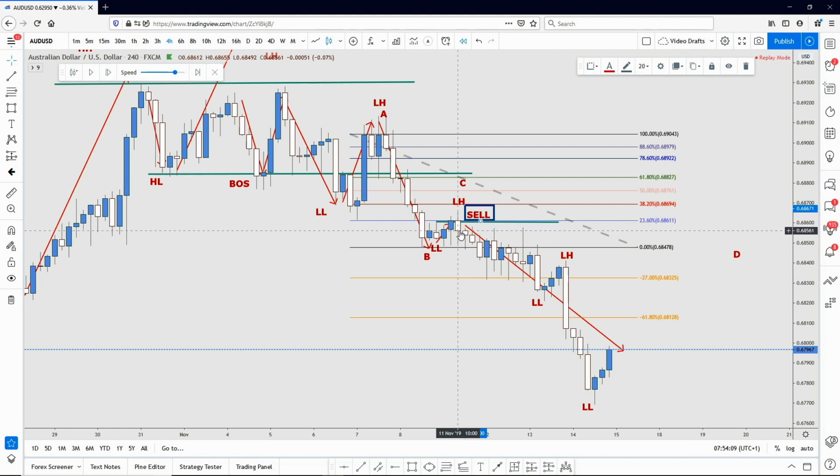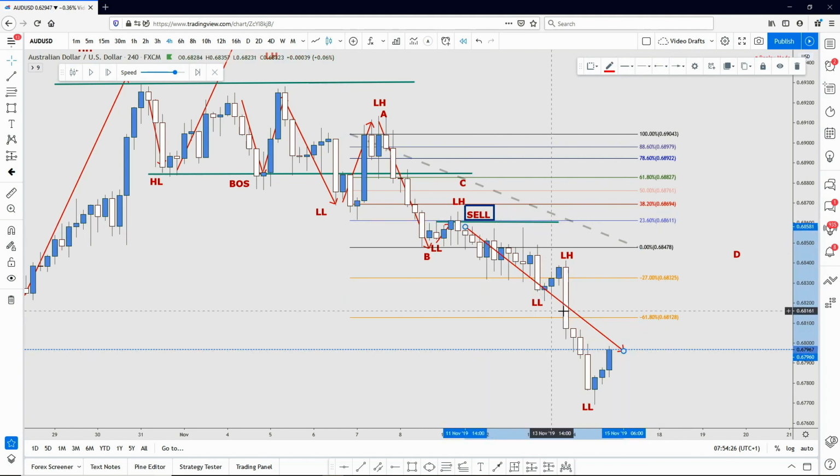Bearish means down, bullish means up. So bearish engulfing means this downward candle engulfed this candle to the left, and it was at 23.6%, and price continued down quickly. And then it hit our take profit 2, take profit 3.